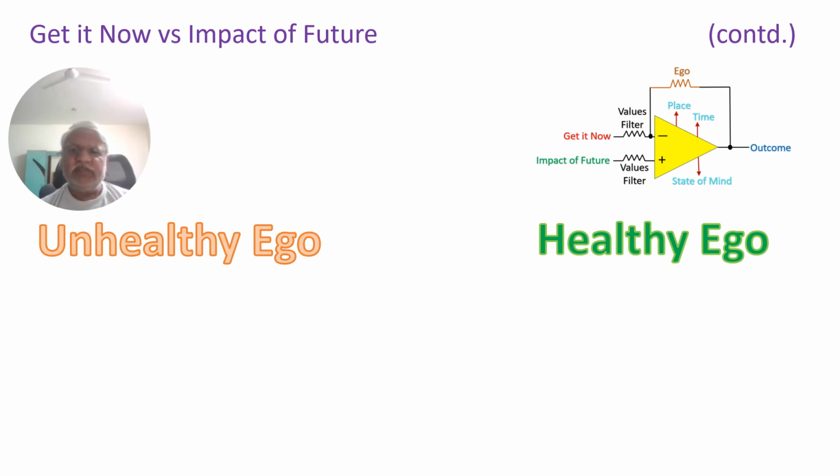So if you go back to the cognitive analysis of how the immediate satisfaction urge will play, and how considering the impact of the future will play a role, we will know that whether either one or both are applied to our mental makeup, the outcome will release dopamine that will influence the ego.